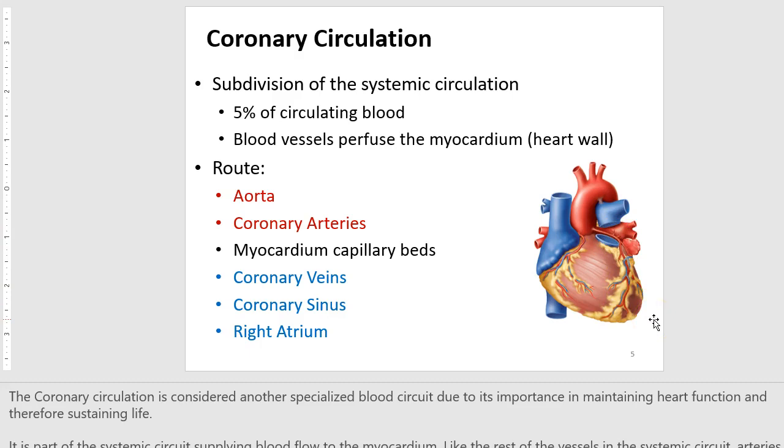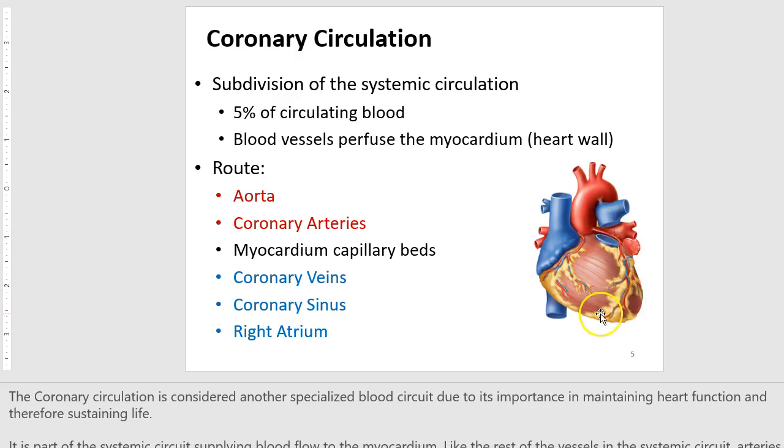And the route that blood takes is that the left ventricle pumps blood into the aorta, and then this oxygenated blood travels in coronary arteries that branch off of that base of the aorta that I'm kind of circling right here. Those are called coronary arteries.